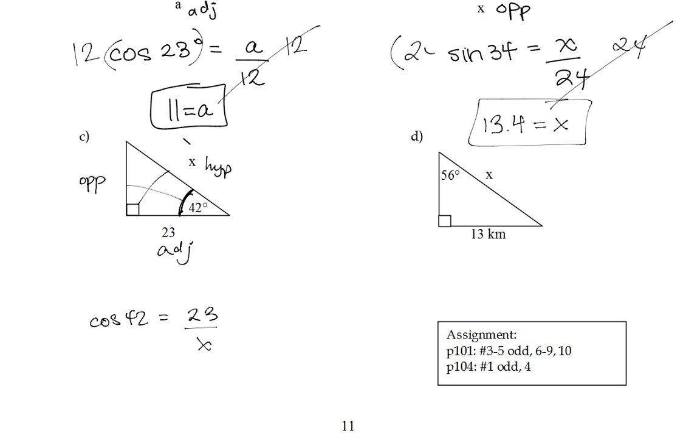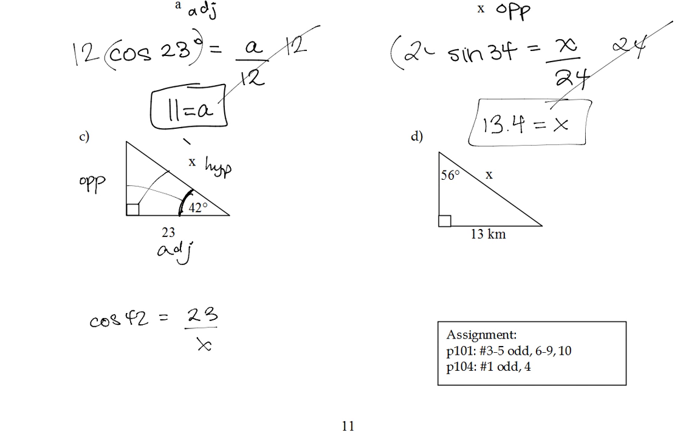Can I just times by 23 on both sides? No, I can't. I could divide by 23 on both sides. What if I divided by 23 on both sides? Would I have x alone? I would, but it would be on the bottom. We don't want it on the bottom. Where do we want x? On the top. Right now it's bottom right. The only place it can go is top left.